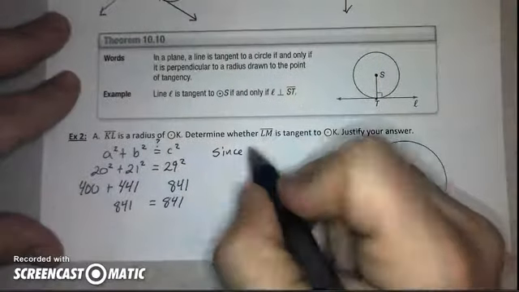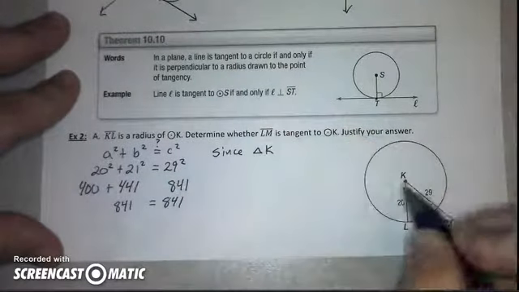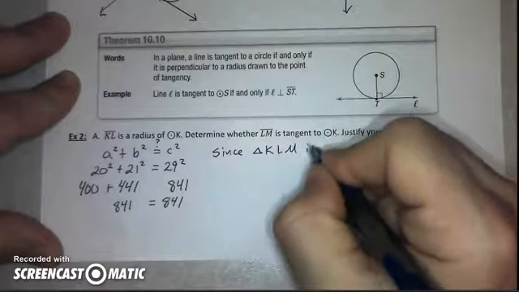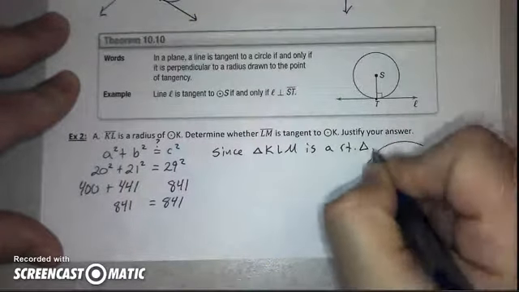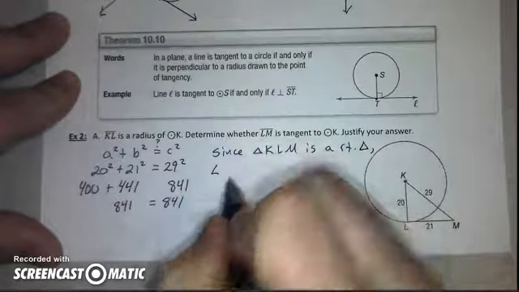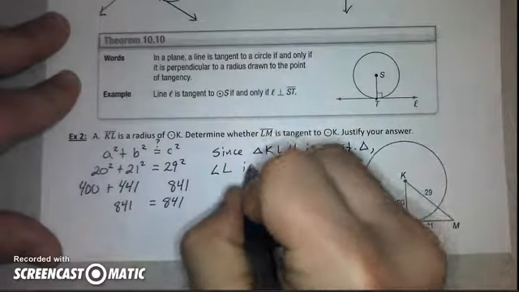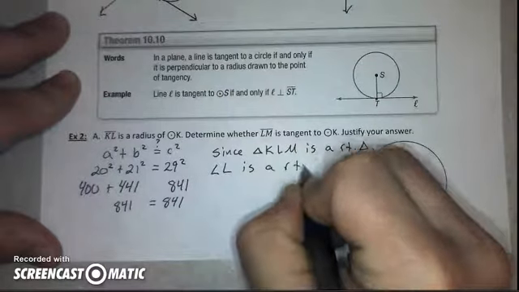Since triangle KLM is a right triangle, angle L is a right angle.